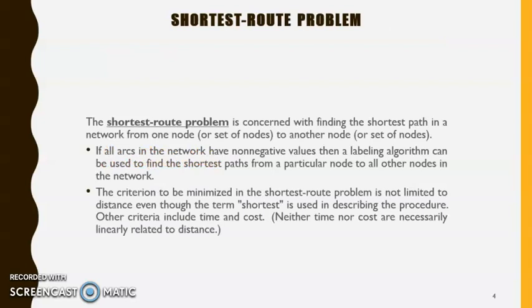Maybe 10 years ago, 20 years ago, 30 years ago, the concept of shortest route problem was to some extent confusing. What does it mean, shortest route problem? But now it is one of the easiest ones in terms of understanding because we use this model in our everyday life, no matter whether we are walking, biking, or driving.